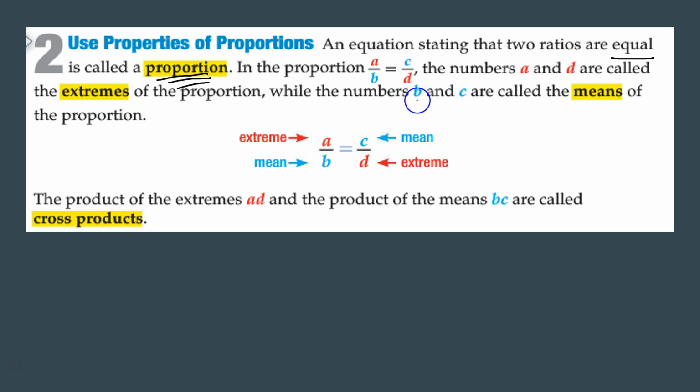And the numbers C and B are the means of the proportion. As you can see here, it's nice and color-coded for us. A and D, extremes, and B and C are our means, which we'll go over in the next slide.